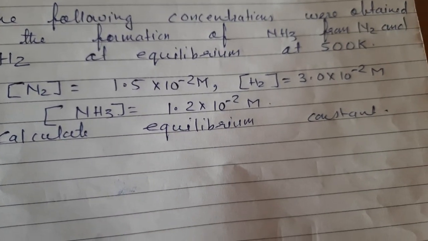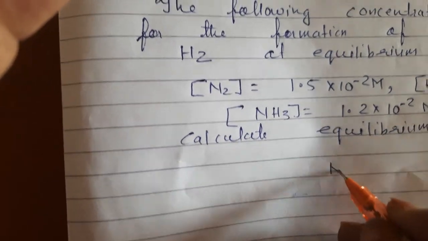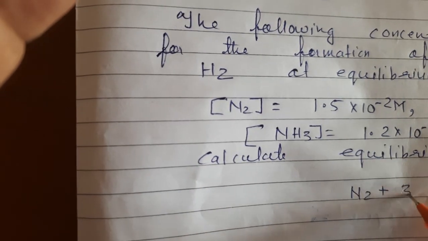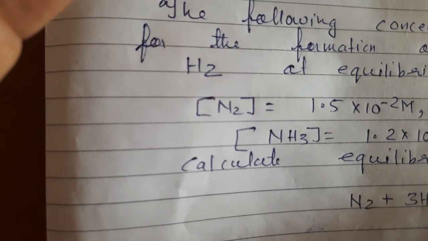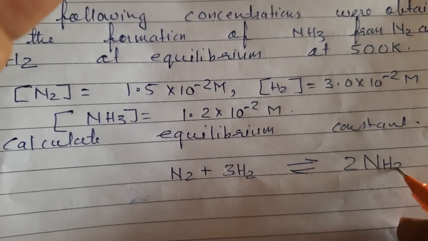So calculate the equilibrium constant. We can write the formula for the equilibrium constant. First of all, we have to write the chemical reaction. The chemical reaction of formation of ammonia is written as N2 plus 3H2, which in equilibrium gives us 2NH3. Okay?